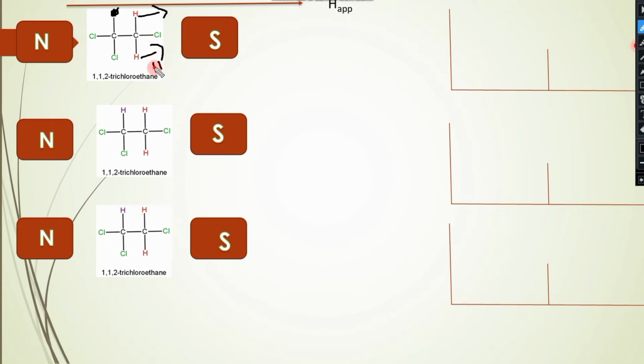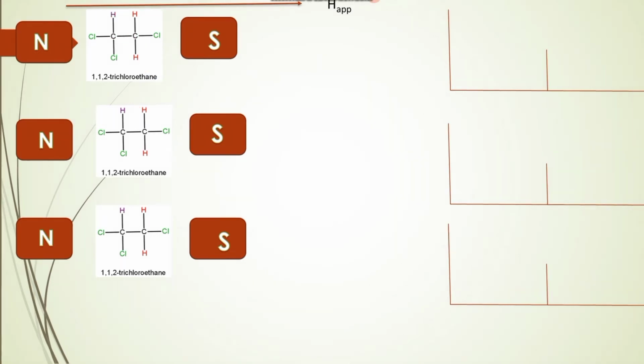So the nucleus experiences a magnetic strength more than the expected value. This is the expected value for this particular hydrogen proton. But due to this kind of alignment, we can resonate even at less energy. So it shifts towards this side. So we get a peak here. So this is the expected peak, but what we observe is this peak.